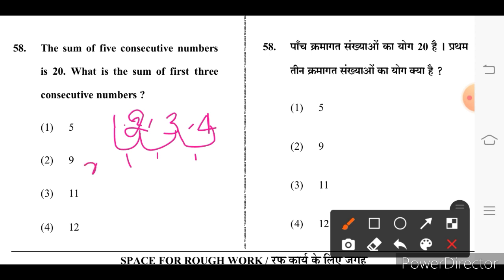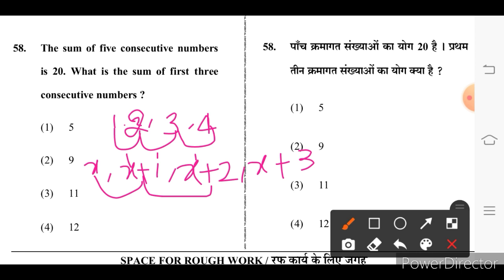These we write as x, x plus 1, x plus 2, x plus 3. These are also consecutive numbers because the difference between each pair is 1. When we add 1 to this number we get x plus 4.